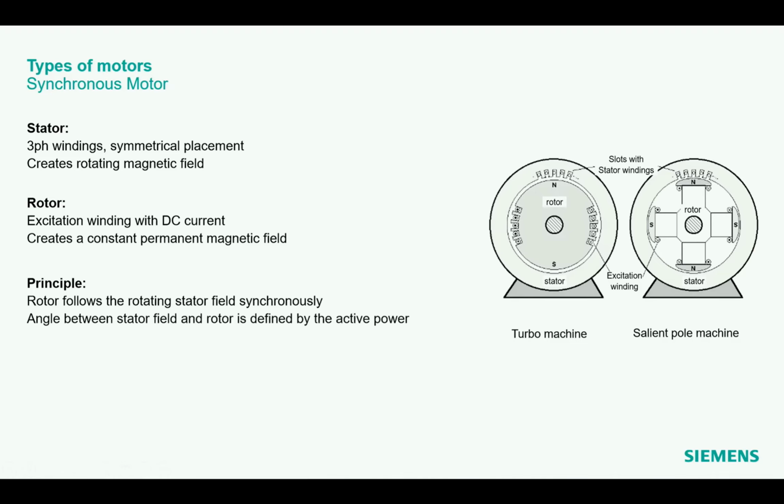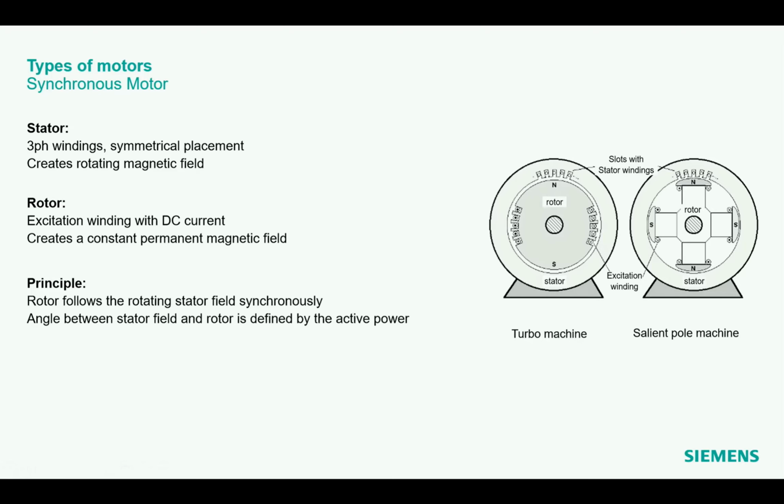And what is the other regulation quantity? If I need more active power, then the angle between the rotor and the magnetic field of the stator increases. So let's say the current in the rotor always gets a force created by the magnetic field of the stator, which always shifts the rotor in the direction of the magnetic field.